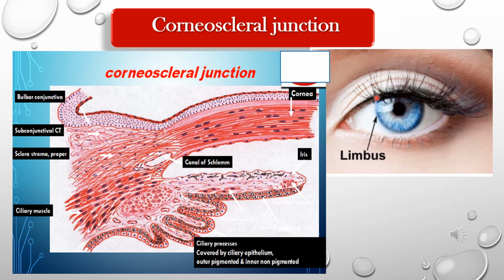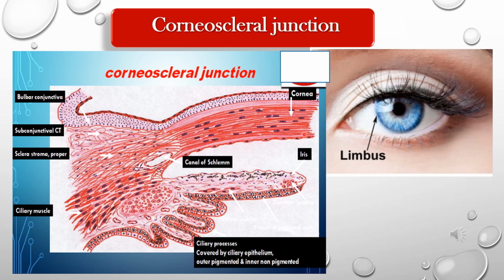Again, this is the limbus or corneoscleral junction. The epithelium of the cornea becomes thick and continuous with the palpebral conjunctiva. The Bowman's membrane ends abruptly and is replaced by subconjunctival connective tissue. The substantia propria becomes irregular, forms sclera proper, and at this point the canal of Schlemm appears, surrounding the limbus.